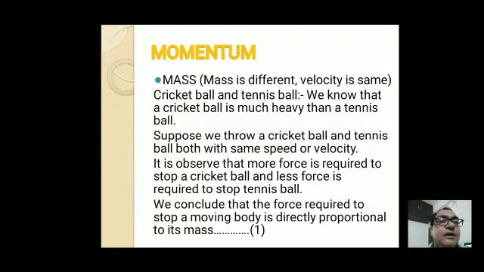We know that a cricket ball is much heavier than a tennis ball. Suppose we throw a cricket ball and a tennis ball both with the same speed or velocity. It is observed that more force is required to stop a cricket ball and less force is required to stop a tennis ball. So here we have taken the mass different but the velocity the same.